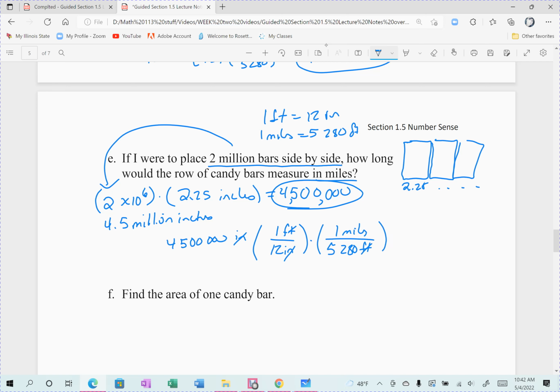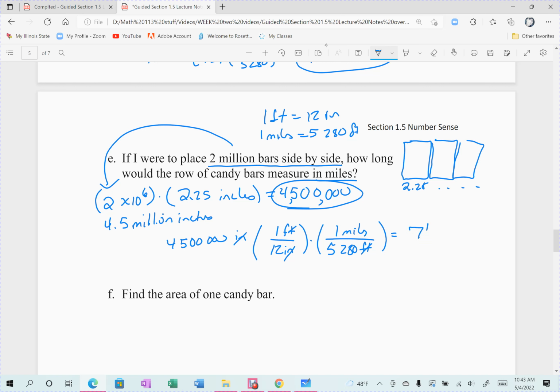Feet cancel, leaves me with my miles. So you're going to take the 4,500,000, divide by 12, divide by 5,280. Since we've done that a few times, I'm just going to go ahead and write the number out. I'm going to round to the whole mile again, so it comes out to be about 71.